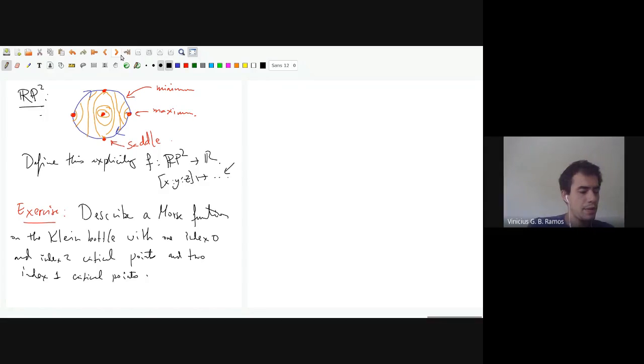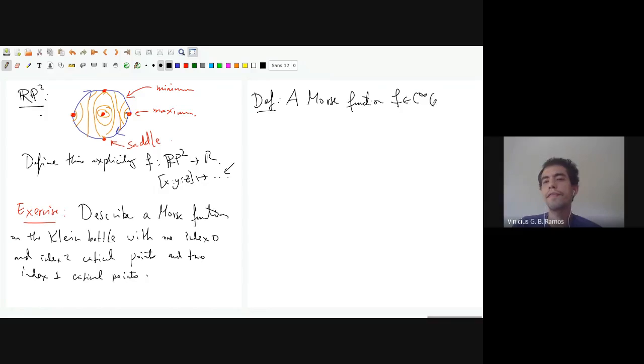Okay, so before we continue, I want to introduce a couple of definitions about what adapted Morse functions are. I'll give a definition. This is not completely standard, but it's going to be the definition for today. A Morse function f... no, sorry.